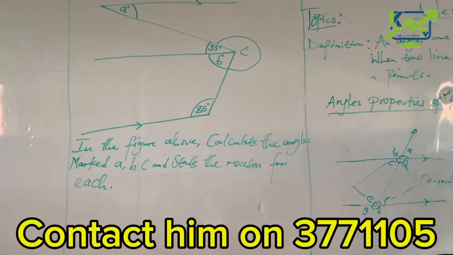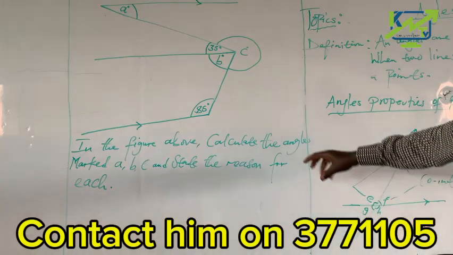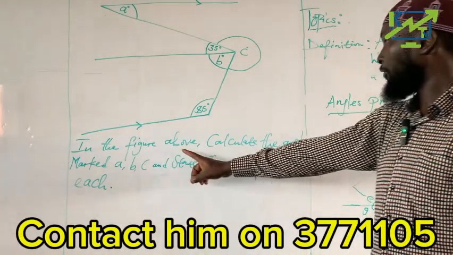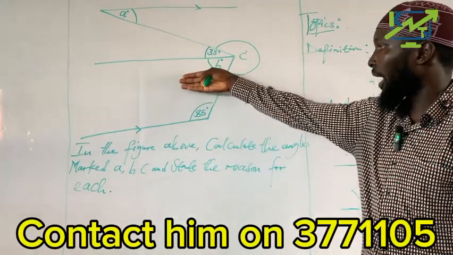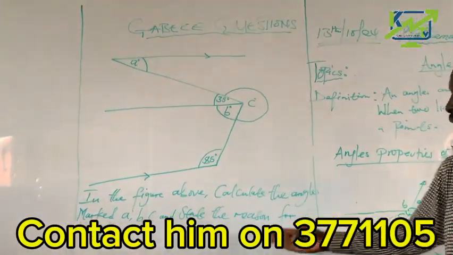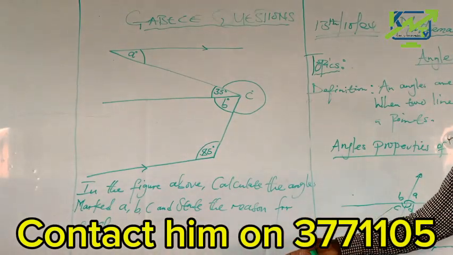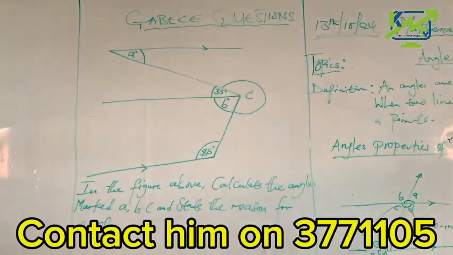After knowing all these properties, because we don't have time to state all of them, let's look at these equations. The question states that in the figure above, they are referring to this diagram: calculate the angles marked A, B, C, and state the reasons for each. Those reasons are from the properties of parallel lines.